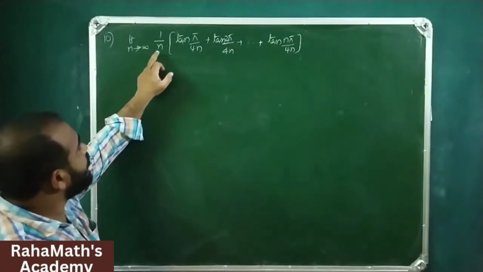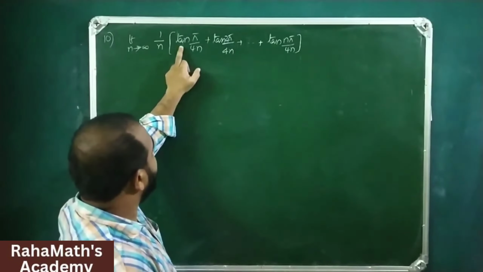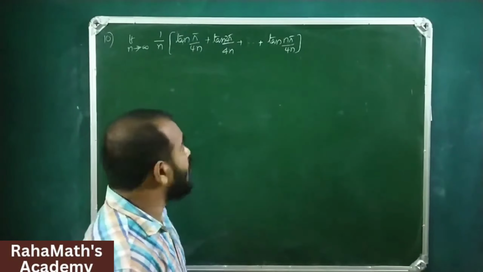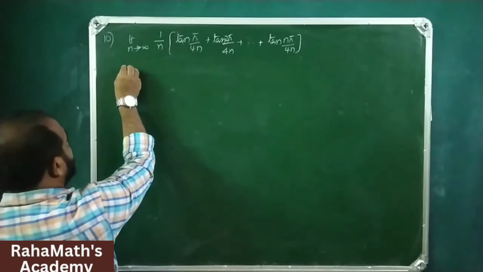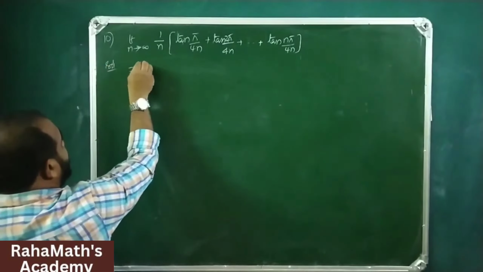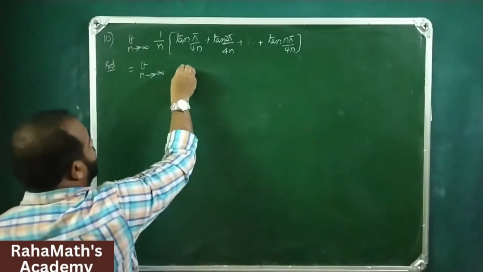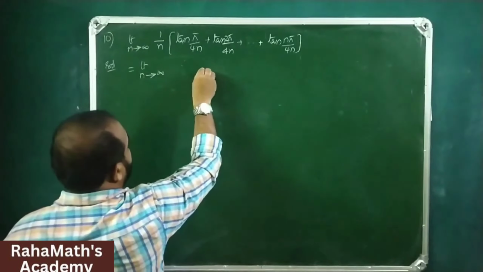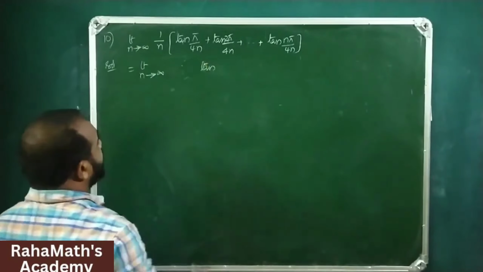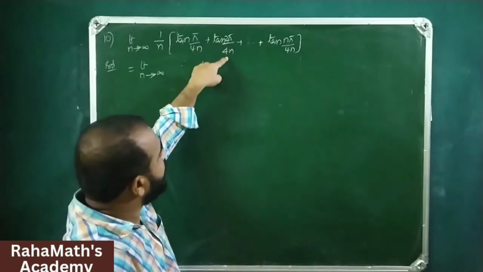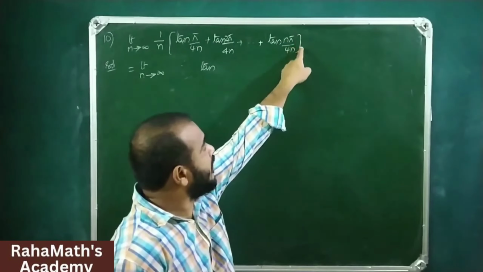Limit n tends to infinity 1 by n, tan pi by 4n, tan 2 pi by 4n, etc., tan n pi by 4n. So this is equal to the solution. This is equal to limit n tends to infinity tan pi by 4n, 2 pi by 4n, etc., tan n pi by 4n.